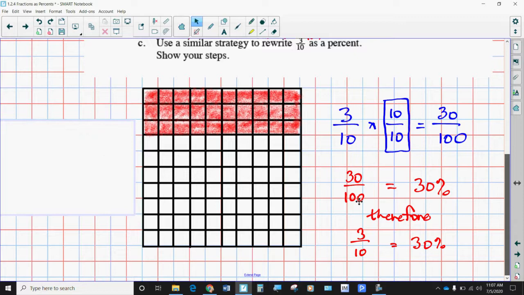Since 30 over 100 by definition is equal to 30%, that means that 3/10 must also be equivalent to 30%. Okay? So this right here, that's the process we use to convert from a fraction to a percent, essentially, by finding it as a number out of 100, and then the numerator becomes your percent.